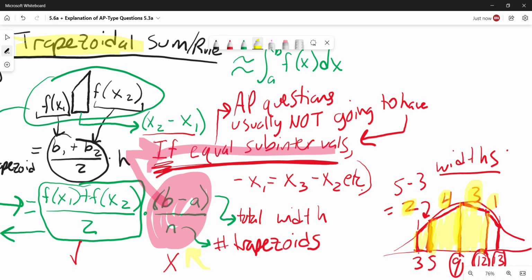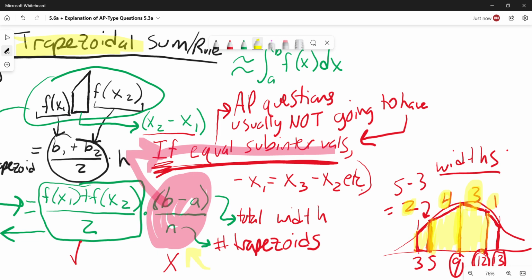I don't really know if it's worth it. I think I'm going to go over this very quickly. When I first started teaching this, I taught it fairly strictly. It was like, yeah, you need to memorize this formula. But honestly, memorizing the formula tends to confuse people and makes them get the AP questions that do not have equal subintervals wrong.